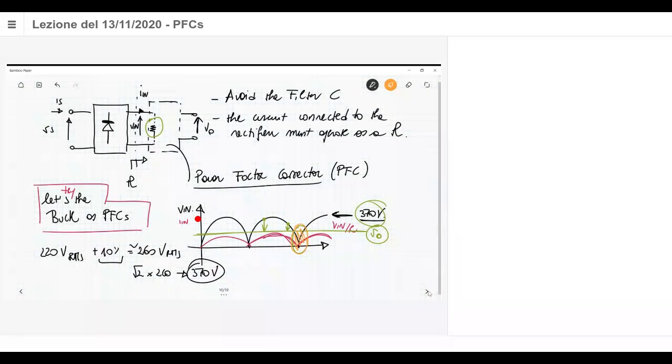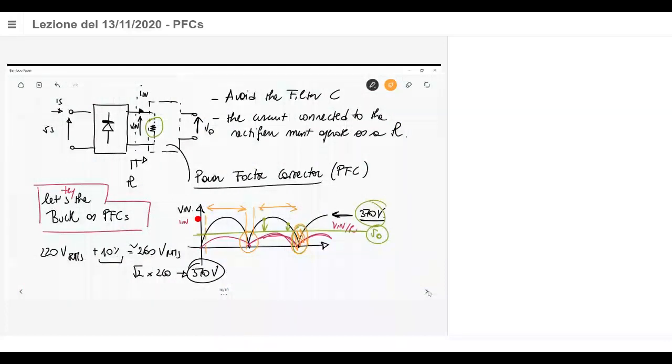In this region, where the input voltage is less than the output voltage, this is not a buck. So my buck operates as intended just in a small fraction of the total period, when the input voltage is higher than the output voltage. In all other situations, in which the input voltage is less than the output voltage, this is not possible.